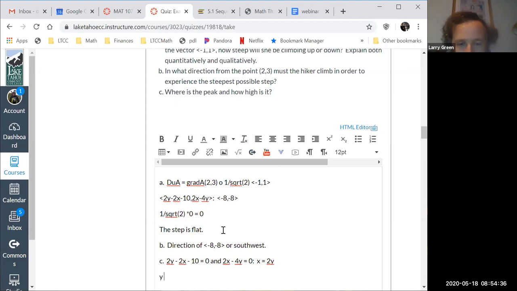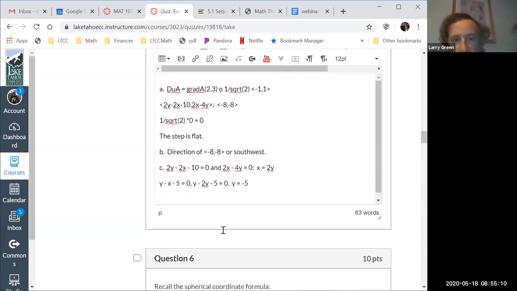So notice we have y minus x minus 5 is equal to 0. So now we plug in x equals 2y. So we got y minus 2y minus 5 is equal to 0, or negative y equals 5. So y equals -5. Any questions so far?